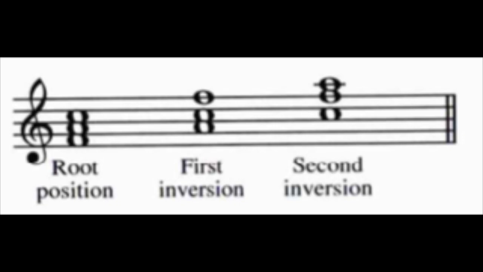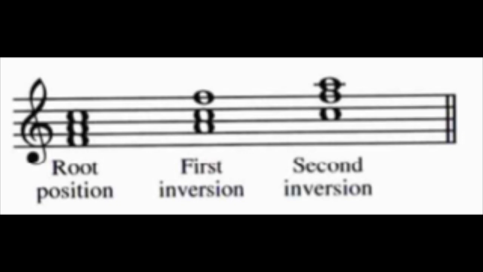So if we have our chord, let's say that it's a 1, a 3, and a 5, if the 1 is the lowest note, that is root position. If the third is the lowest note, that is first inversion. And then reasonably enough, second inversion is used for chords with the fifth as the lowest note.